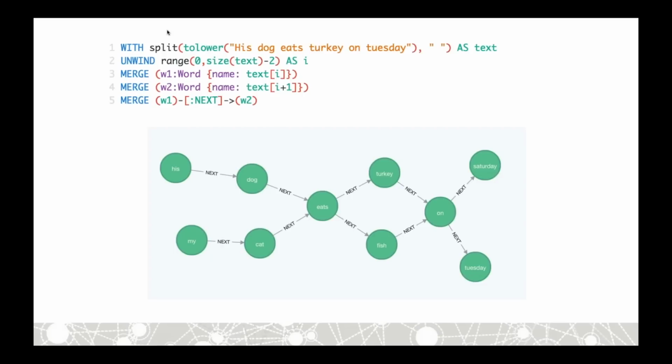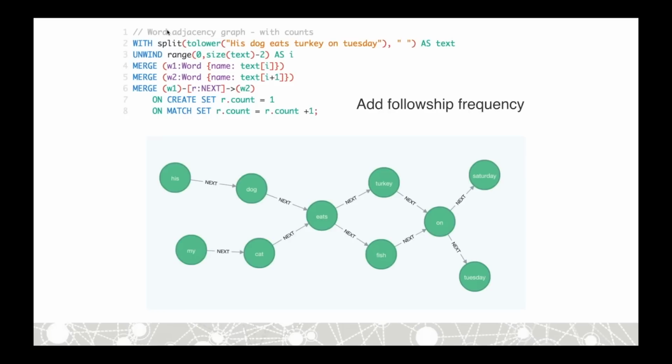Instead, using the merge command, we'll make sure that we're creating relationships to the already existing eats node in our graph. So if we run this query again, this time using our new sentence, you can see the graph that we'll end up with. And if we had a large corpus, we would do this over and over again, building up our text adjacency graph.